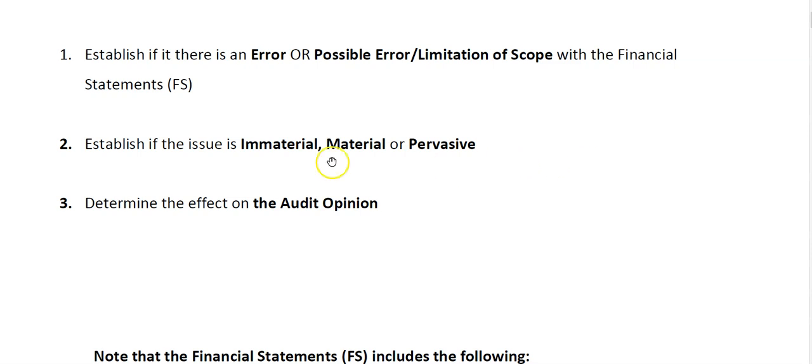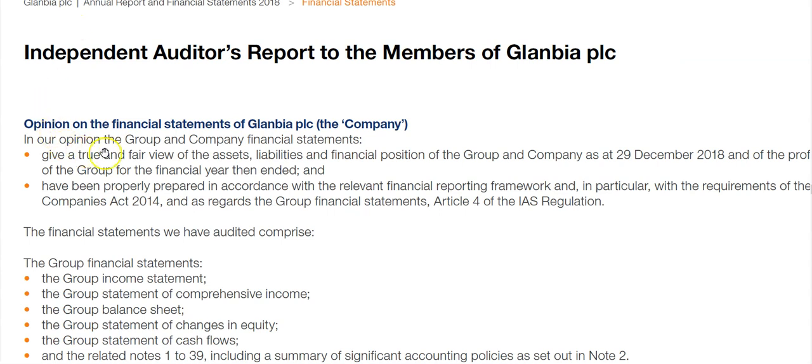Establish if the issue is immaterial, material, or pervasive. So any immaterial issues are those that are not going to affect the judgment of users of the accounts, of a reasonable, reasonably informed user. So anything immaterial means the auditor can issue an unmodified audit report, which once again was Glanbia. So perhaps in the Glanbia financial statements here, there may have been some immaterial errors that were not corrected.